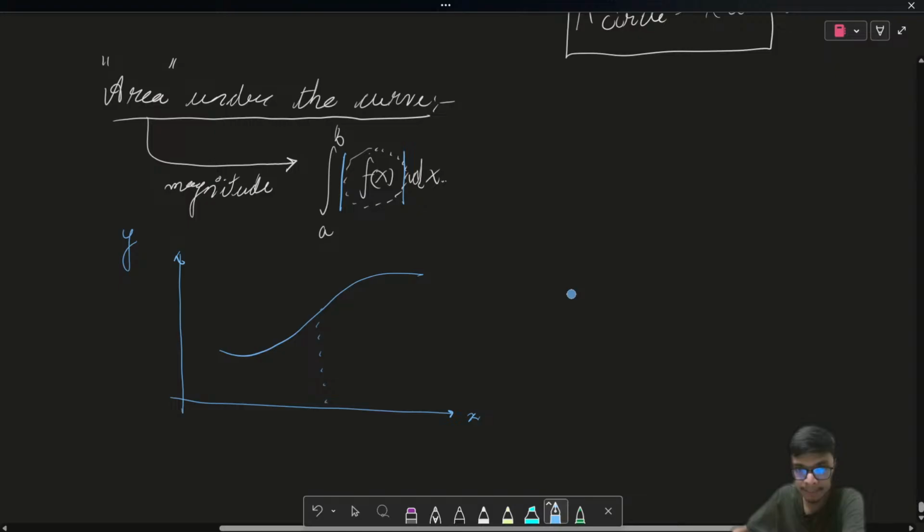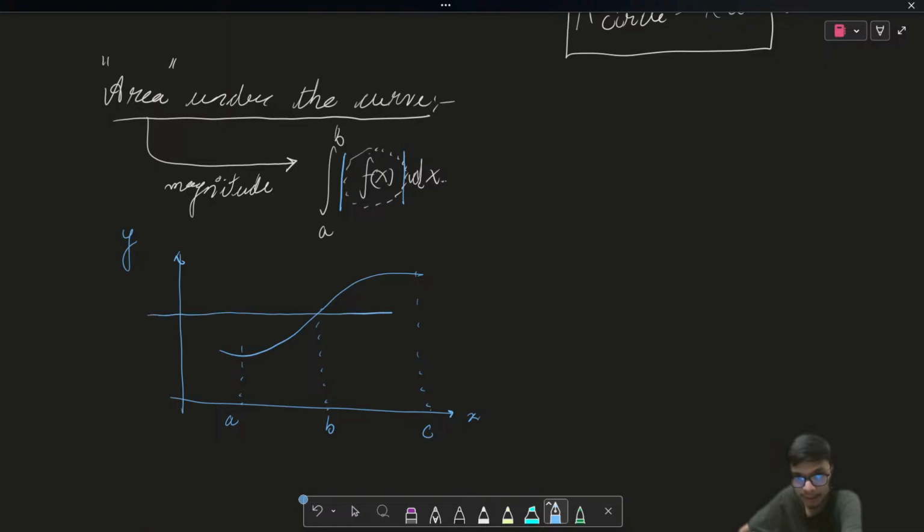Let's say from A to B and B to C. I have to get the area under the curve from A to C. Let me also make some simple changes, I can put an x-axis here, and let us say this is the origin.